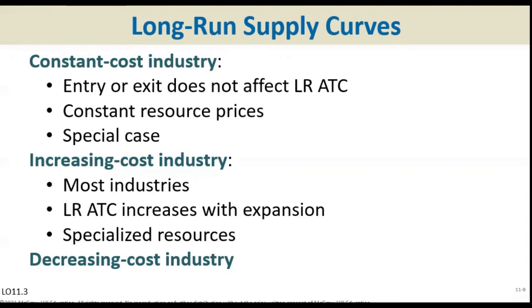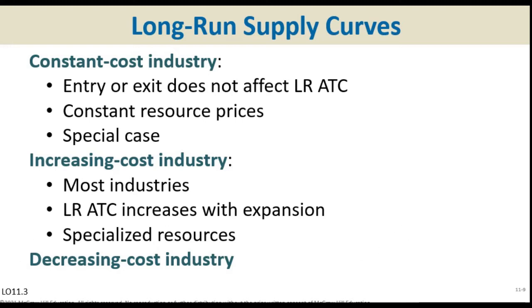And input costs will fall as firms pull out of the industry. For the increasing cost industry, you will see that the supply curve is upsloping.